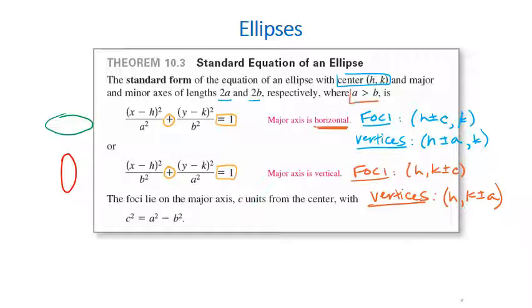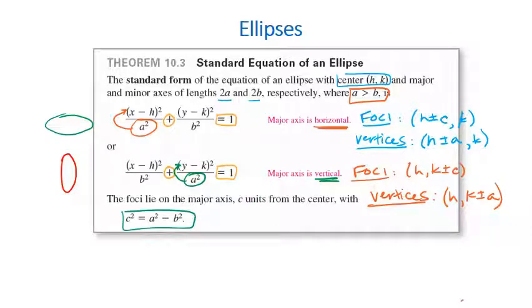One thing to notice is A is always bigger than B. So if the bigger number is under X, you have a horizontal major axis. On the other hand, if the larger number is under Y, you have a vertical major axis. That's the best way to tell which one it is.